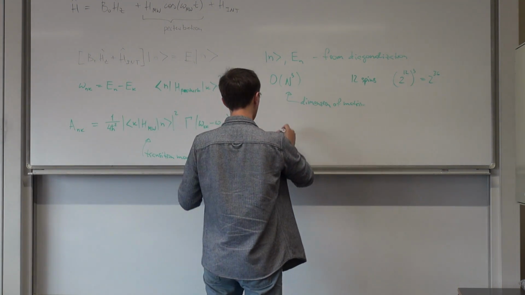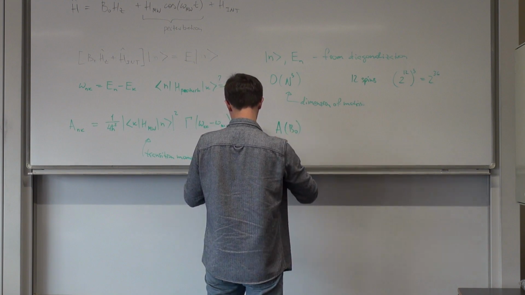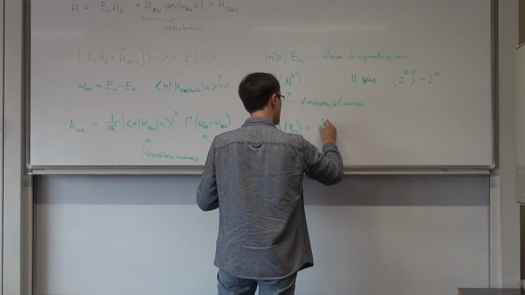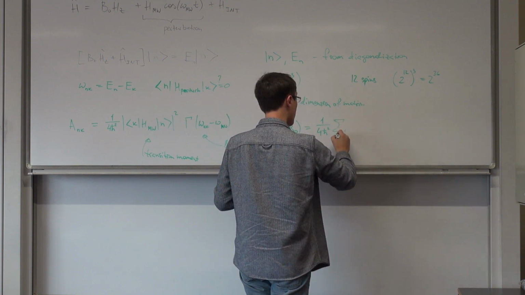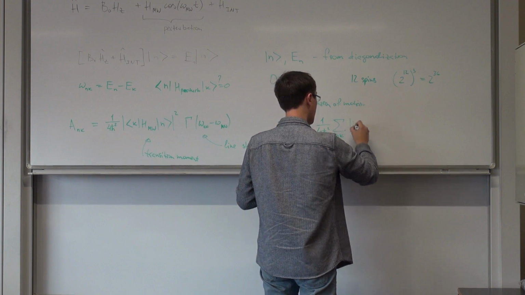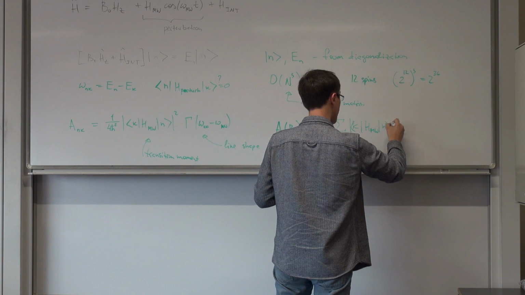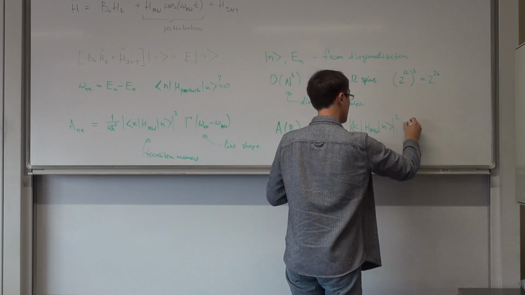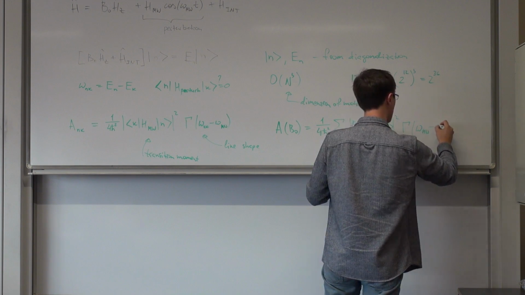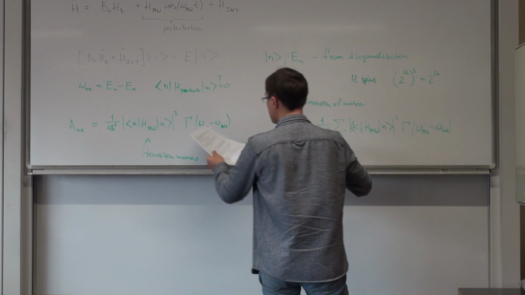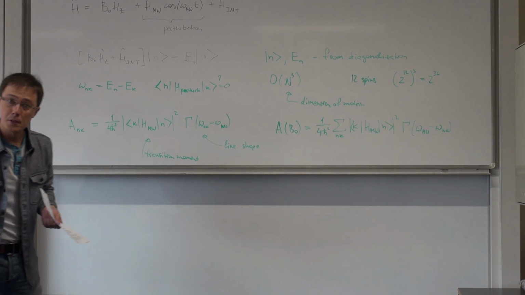So our spectral intensity at any field B0 would be a sum, 1 over 4ħ², sum over n, k, of ⟨level k|H microwave|level n⟩ absolute squared, times gamma of (ω microwave minus ω_nk). It's usually symmetric, so it doesn't matter which way around it is, up to a constant factor. So that's the total spectral intensity.